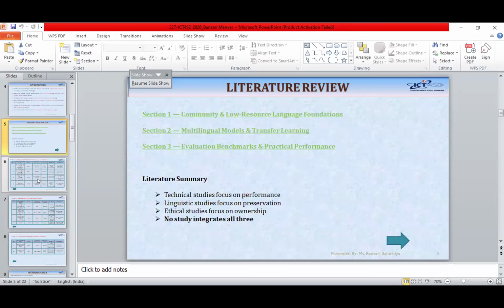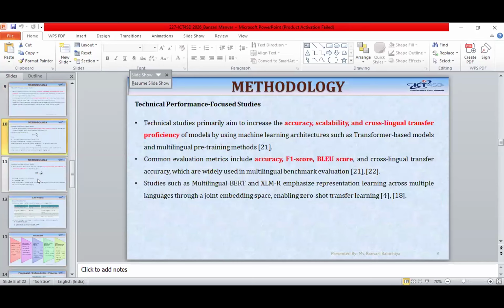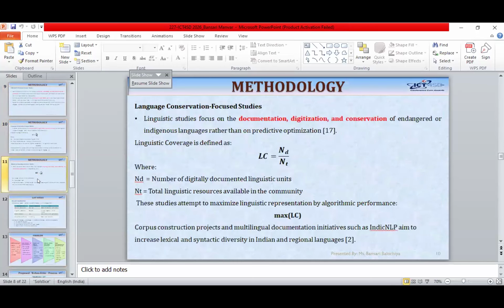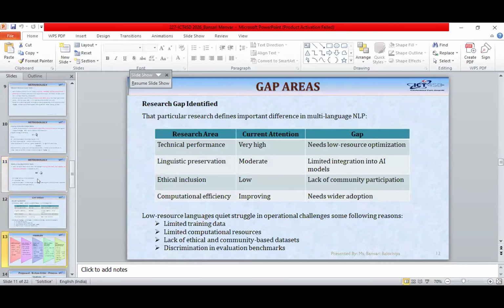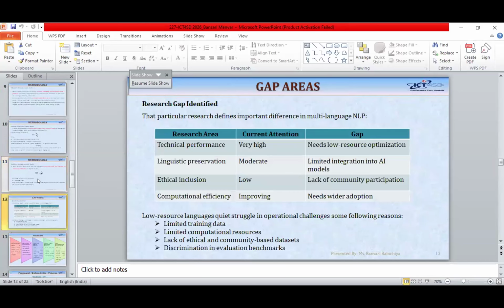Kindly come to the slide where you have shown the research gaps. Yes, sir. This is the research gap. So it needs low resource optimization.